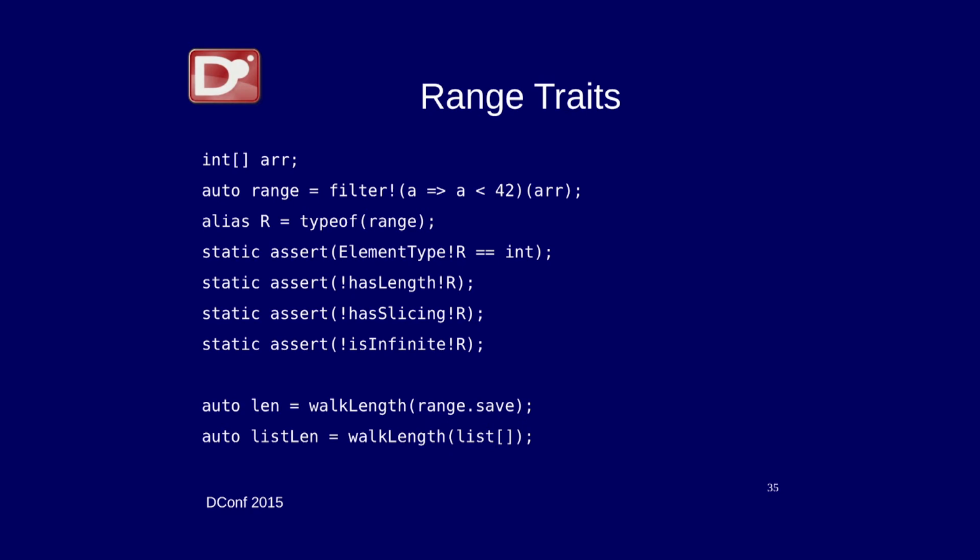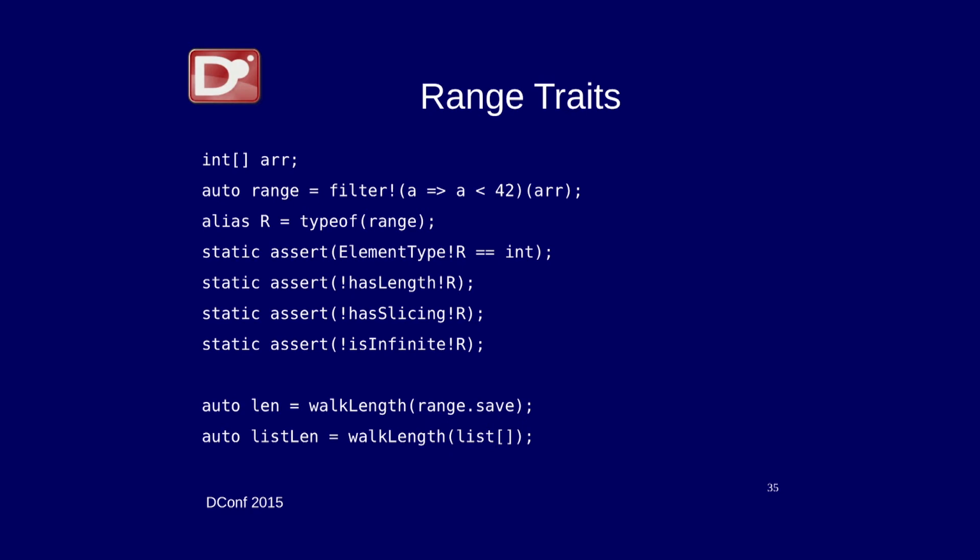But it doesn't have length, because it doesn't know how many elements are really going to be in there until it iterates over them. And filter is lazy. The only way it can know ahead of time is if it were eager. And it doesn't support slicing, again because it doesn't know how many elements it's going to have. And it's not infinite in this case because the range it's wrapping is not infinite. If you try to filter random numbers, it would be infinite.